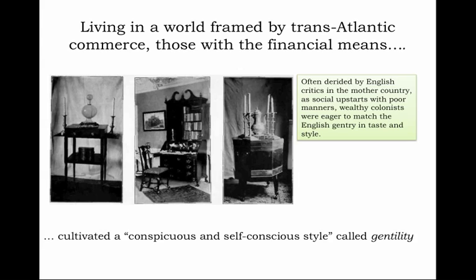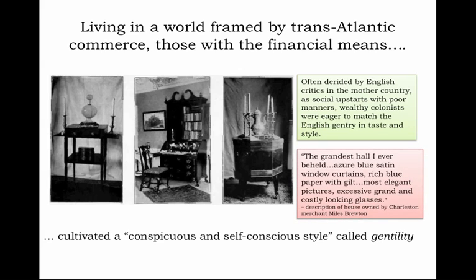Now, this was keeping up with the Joneses on a grand scale, if you will, trying to match the English gentry in their taste and style. And the one thing they had on their side, of course, was raw cash. They were making money hand over fist in the tobacco markets.